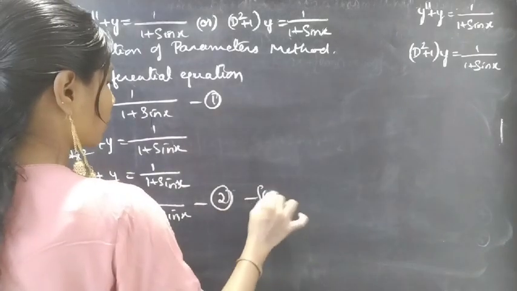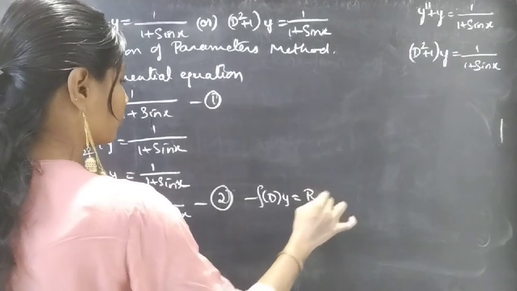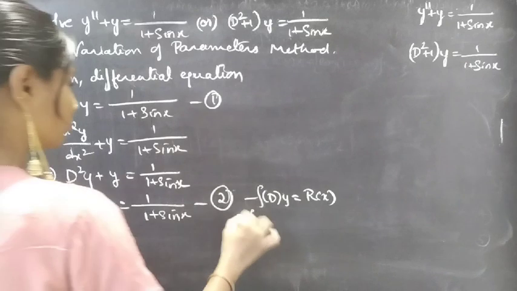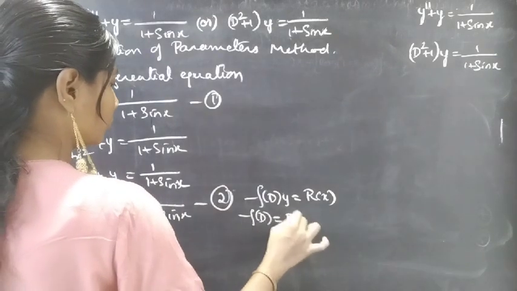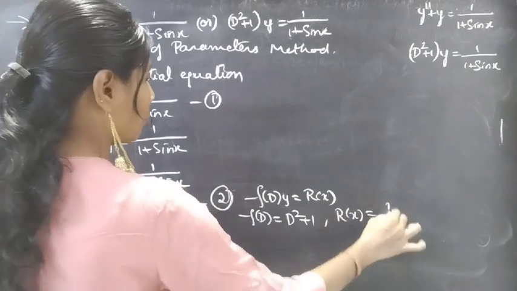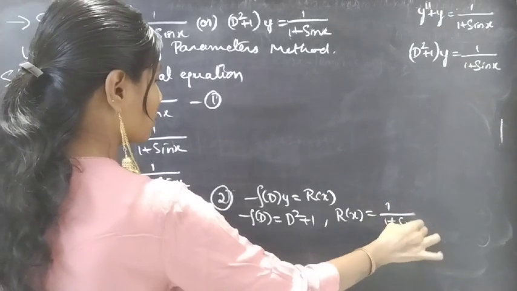So f of D into y equal to some function of x, where f of D equals D square plus 1, and R of x is 1 by 1 plus sin x.